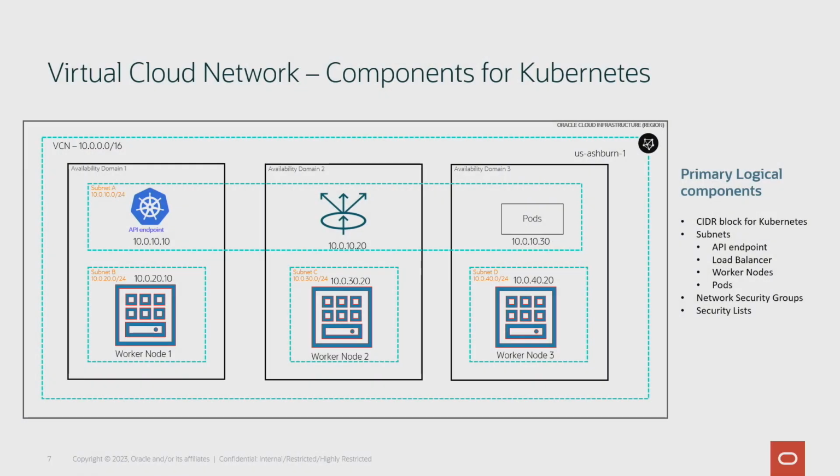So in this example, I've created subnet A as a regional subnet, and I'm not really bound to create any of the Kubernetes resources in any of the specific ADs. I've spread the API endpoint, my load balancers, and my pods across in a single subnet.